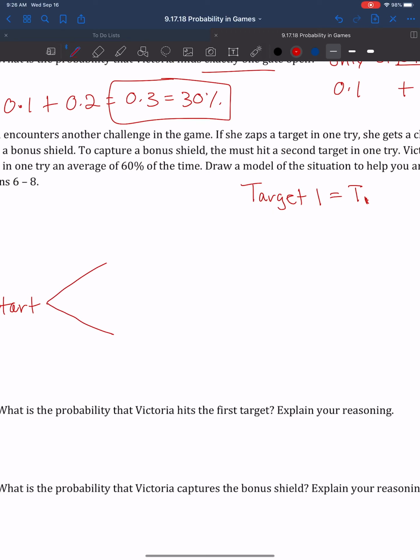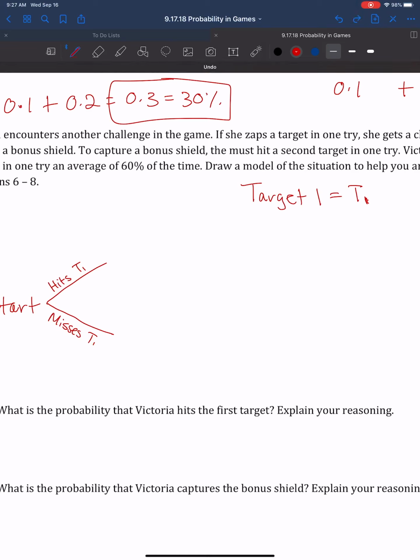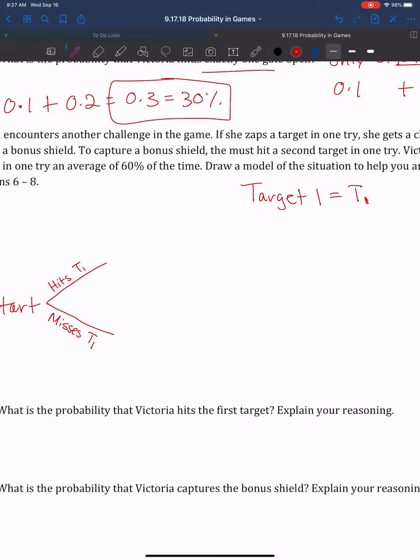So I'm going to say hits target 1 or misses target 1. And we said that the probability of hitting target 1 is 60%, or 0.6. And so that means that it's a 40% chance that she misses it.